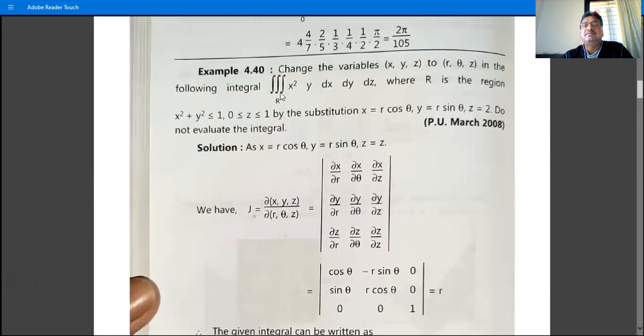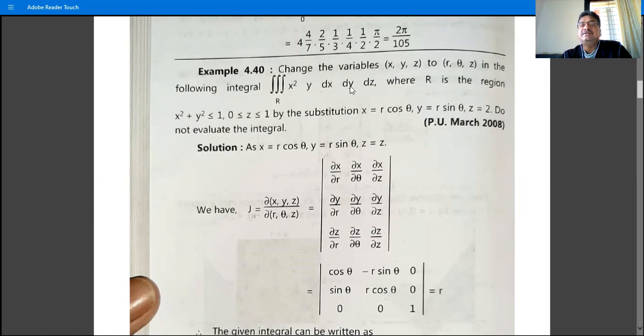So this problem: change the variables x, y, z to r, theta and z in the following triple integration over R of x square y dx dy dz. R is the region x square plus y square is less than 1, z runs from 0 to 1. The substitution is x is equal to r cos theta, y is equal to r sin theta, and z is equal to z. Do not evaluate the integral, just change the variable.